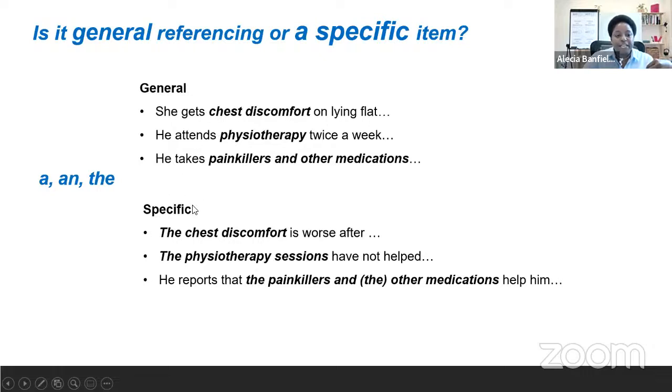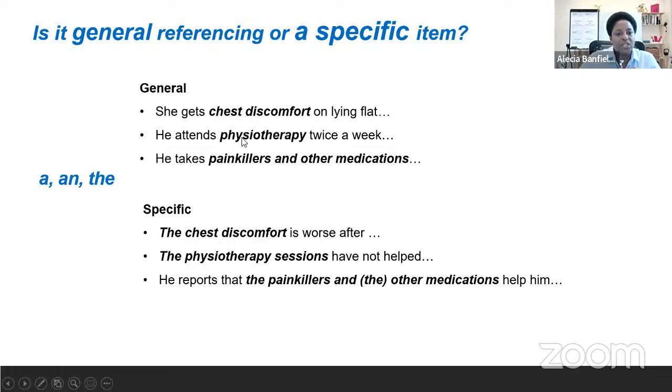But specific instances: the chest discomfort is worse after. So now we're talking about this specific chest discomfort and the behavior of it. The physiotherapy sessions have not helped.